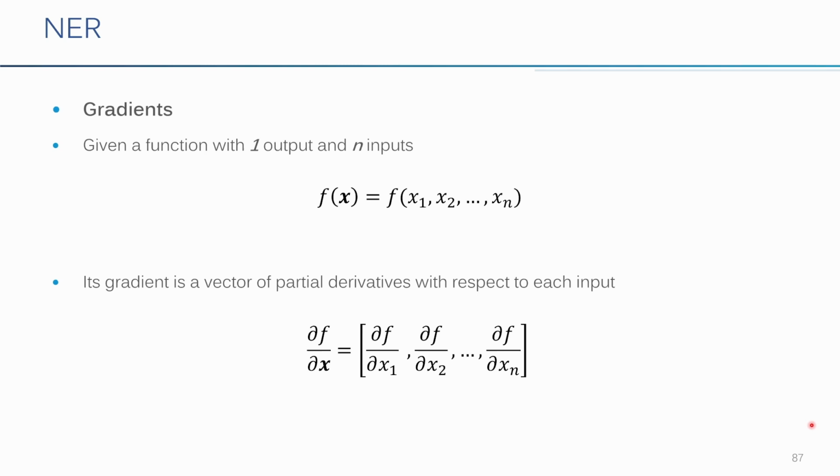So, given a function with one output and many inputs, in this case the inputs are the vector representations of the words, and our output is the final classification, or rather the evidence that allows us to do this classification.